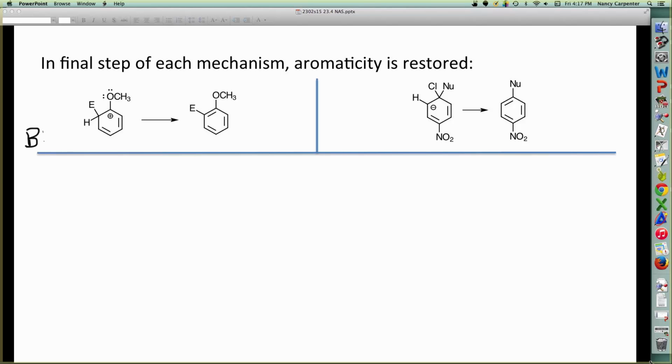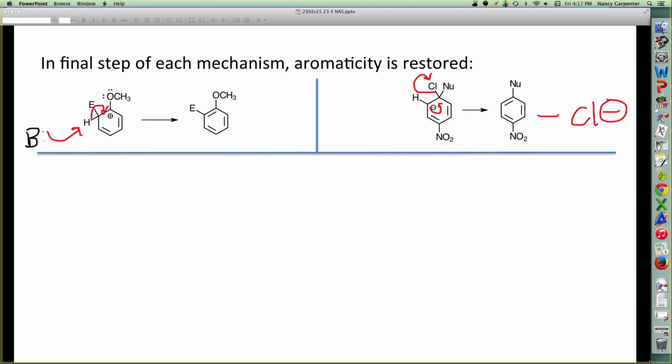So in the case of our electrophilic aromatic substitution, that's going to be an E1 type mechanistic step to regenerate the aromatic ring. And what happens in our nucleophilic aromatic system is that anion slaps back down and kicks out a leaving group.